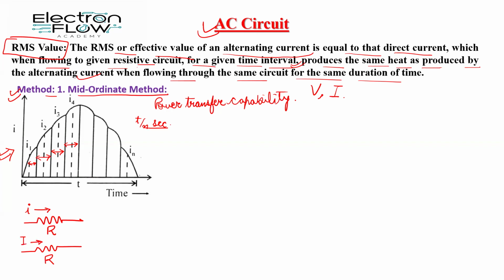Let I1, I2 up to In be the mid-ordinate magnitudes of the wave in the successive time intervals. Suppose this current wave passes through the resistance R for T duration.